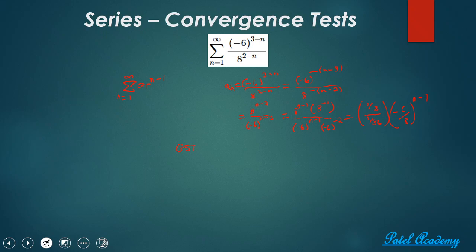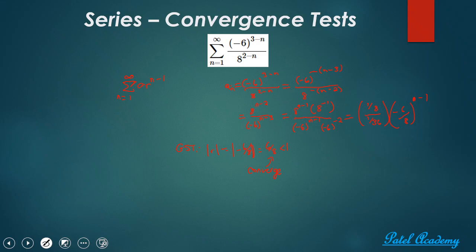I'm going to write GST, not tax. GST, and then I'm going to say that the absolute value of r is equal to the absolute value of negative 6 over 8. This is our common ratio, which is equal to 6 over 8, and 6 over 8 is less than 1. So this suggests that the series will converge.